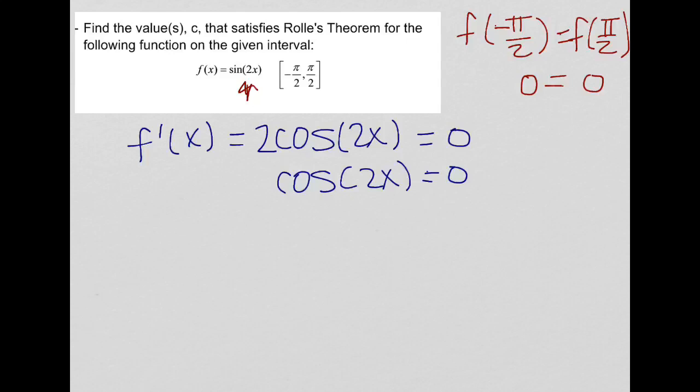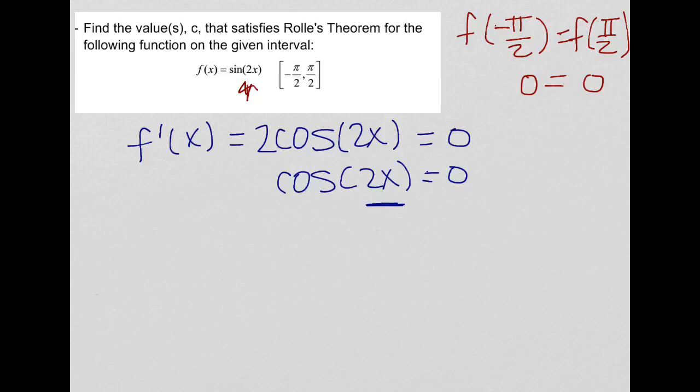So I want to know where cosine of 2x equals 0. Well, cosine equals 0 at the pi over 2's and 3 pi over 2's. But this 2x in here makes me have to work a little harder. So if I want it to actually be pi over 2, then I would need to use the pi over 4's.